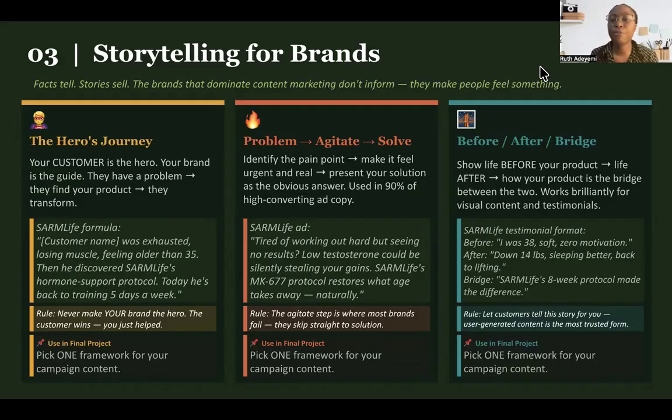Then you have the second framework, which is problem, agitate, and solve, where you identify the pain point of your audience. You make it feel urgent and real. Like, if you don't buy it now, you're going to die. If you don't buy this product now, you're going to lose like $10,000 tomorrow. It's that urgent. And then you present your solution that will prevent them from losing that much money today.